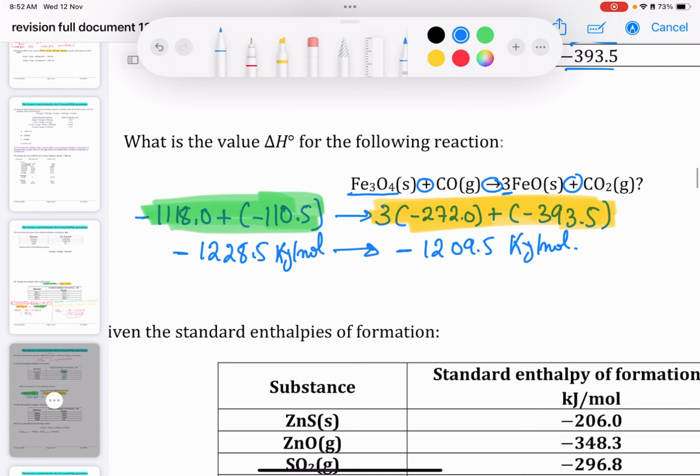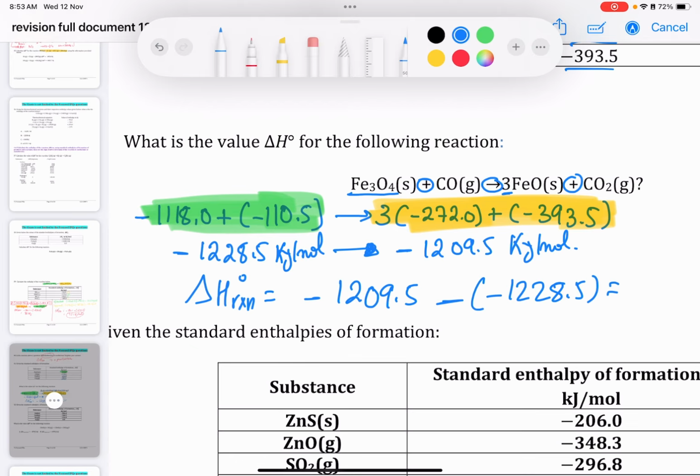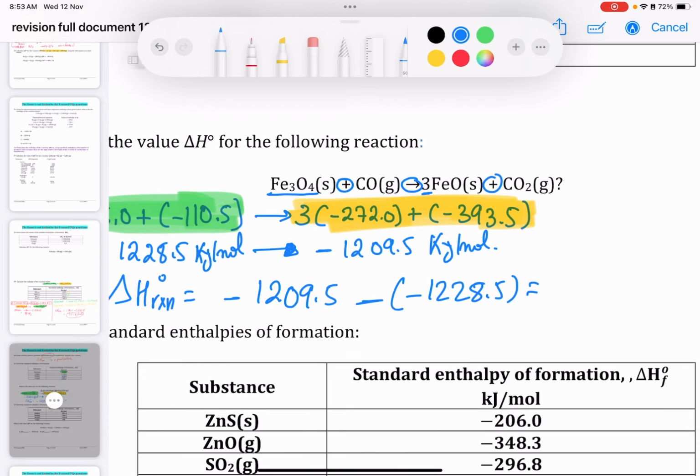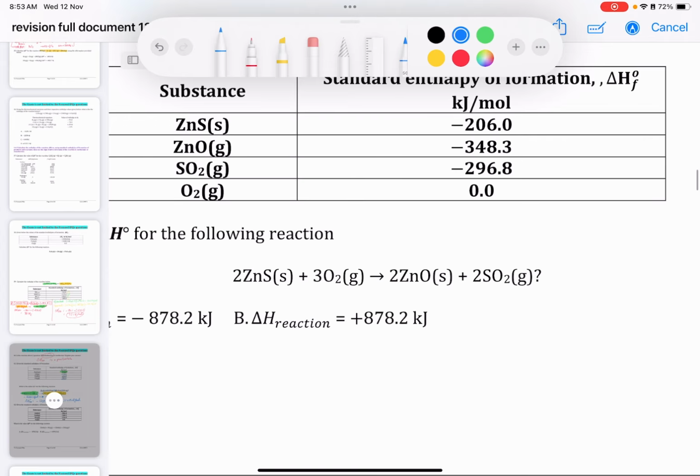Now, this is initial and this is final. So to find the enthalpy of the reaction, we subtract the total enthalpy of the reactants from the enthalpy of the products. So the final answer is going to be positive 19 kilojoule per mole. One more question.